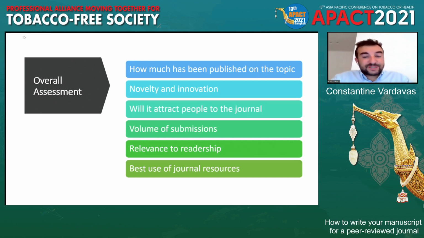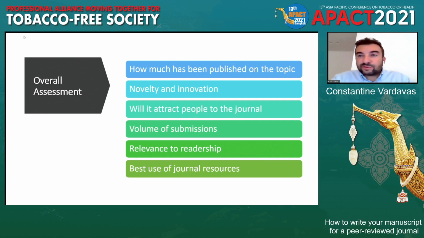Of course, relevance to readership is very important, and the best use of journal resources. A journal does not have unlimited resources. It may have unlimited pages if it's an online journal such as TID, but unlimited pages does not mean unlimited resources. There still are people behind that are doing peer review, scientists doing peer review. There are typesetters typesetting.